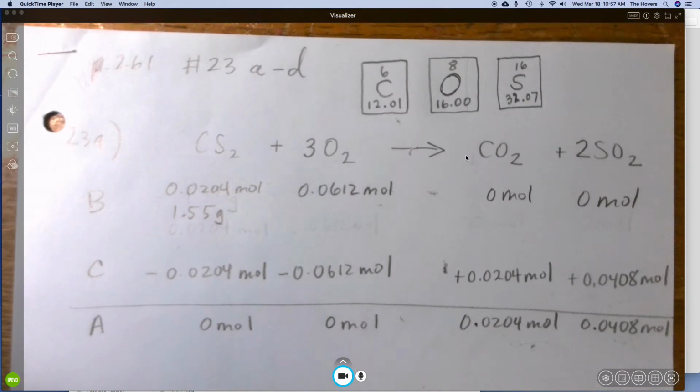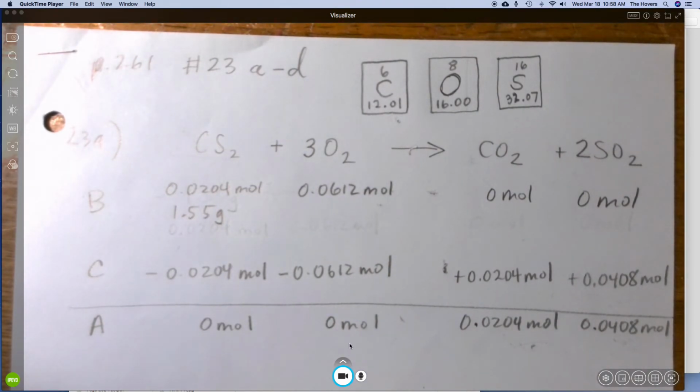Again, that's because they have the same coefficient. It's a 1-to-1 ratio. If I look at SO2, that's a 1-to-2 ratio. So I'm actually going to make twice as many moles of SO2 as CS2. So this 0.0408 is just reflective of twice as much of this will be made as this is reacted. Again, moles is how we count up atoms, count up molecules.